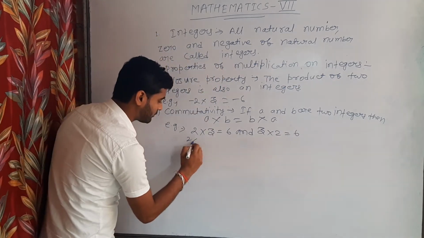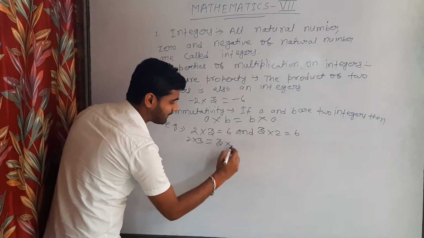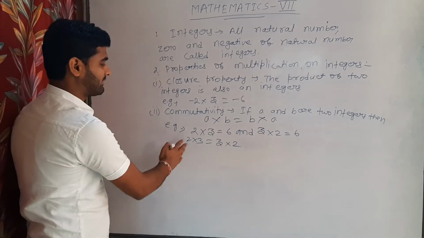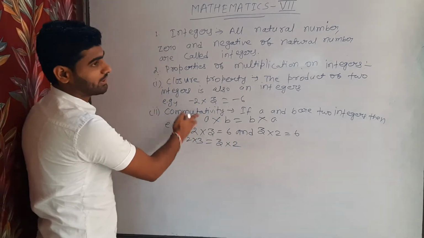So here 2 multiply 3 is equal to 3 multiply 2. So it satisfies the commutativity property.